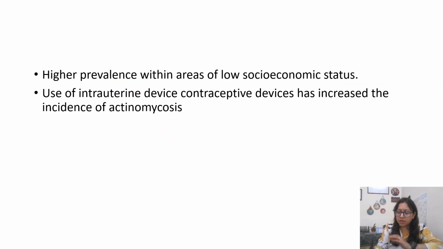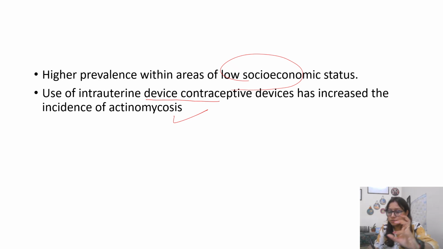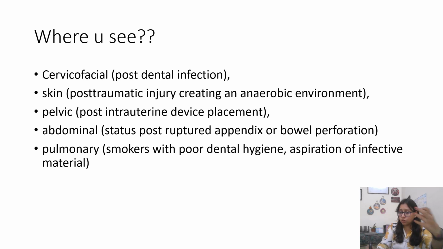This has a very high prevalence in areas with low socioeconomic status. And as I said, in patients with intrauterine devices, there is an increased incidence of actinomycosis. In fact, when you see the pap smear of a female with intrauterine contraceptive devices, you will also notice actinomycosis clusters. In cytology, it appears as a cotton ball appearance, just like a dark, patchy cotton ball.